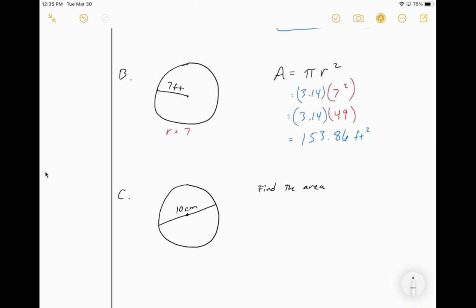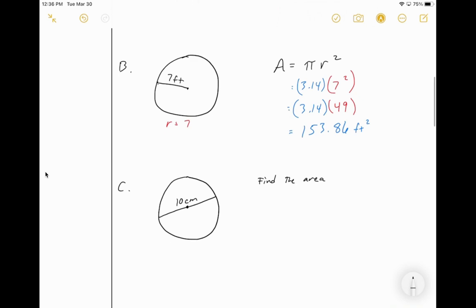Go ahead and put in the chat once you think you got it. All right. Give you guys a few more seconds on this one. This one's a little bit tricky.